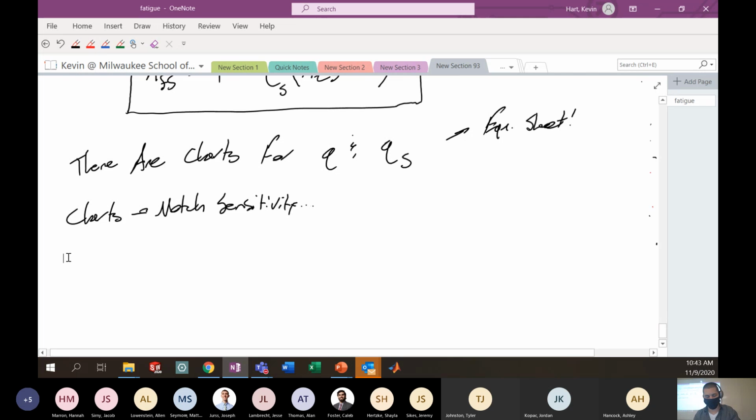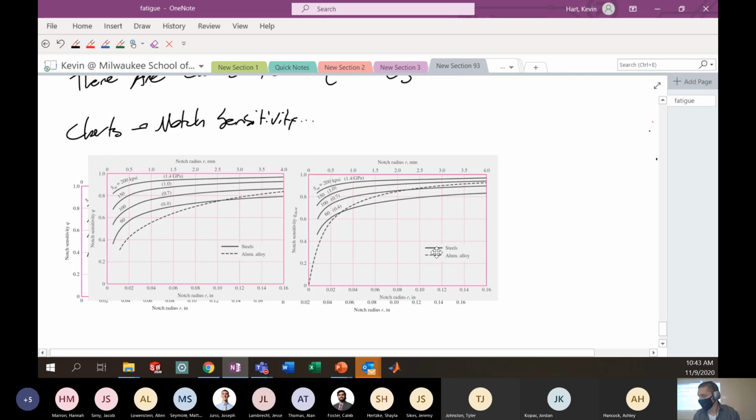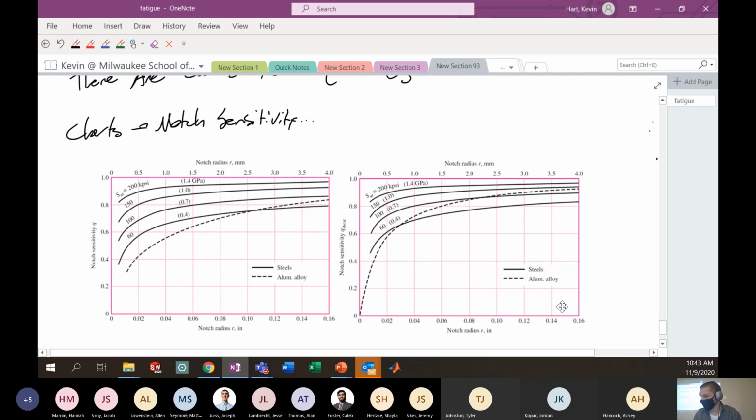Otherwise, these charts are also in your equation sheet. All right, so here we are. Here's your notch sensitivity on the y-axis. Here's for Q, here's for QS, or what they call in this table Q shear. Same difference.